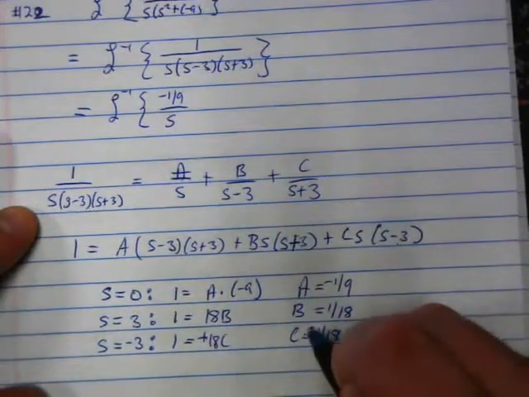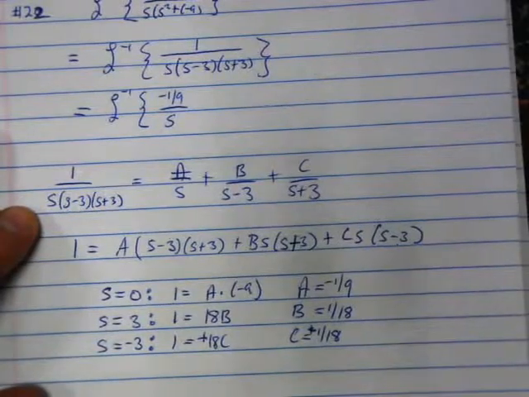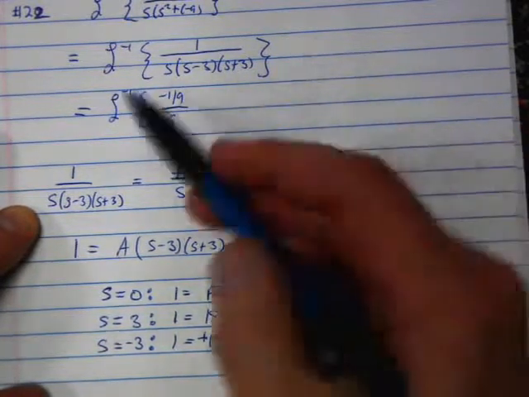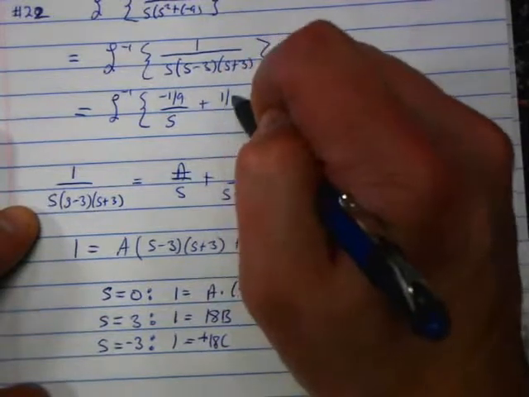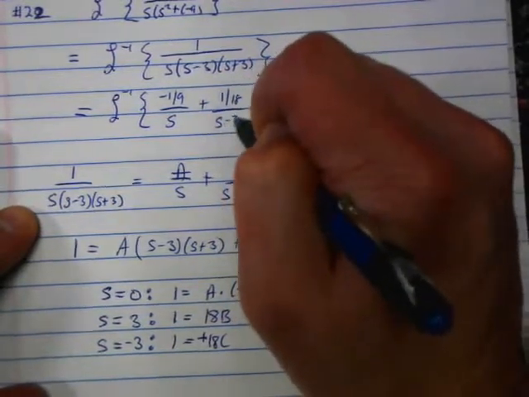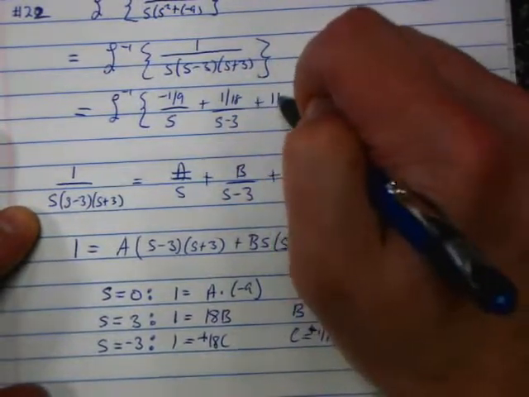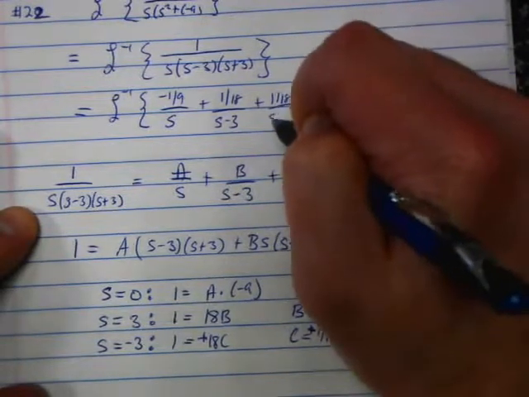Okay, you talked me into positive 18. Do negatives make a positive? All right, so the inverse Laplace transform of negative 1/9 over s plus 1/18 over s minus 3 plus 1/18 over s plus 3.